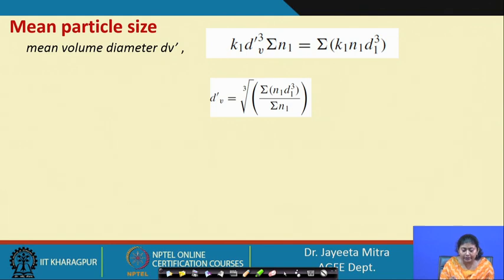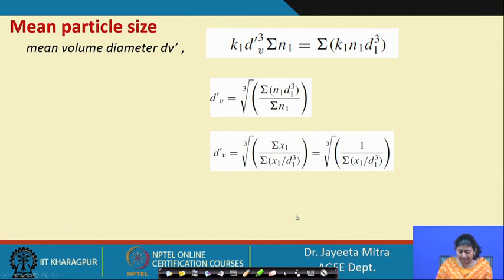So, k1 into dV dash cube represents the volume of one particle, multiplied with summation n1, the number of particles. That volume will be equated to all the fractions of the particle, so summation k1 n1 d1 cube, and finally we get dV dash as cube root over summation n1 d1 cube divided by summation n1.